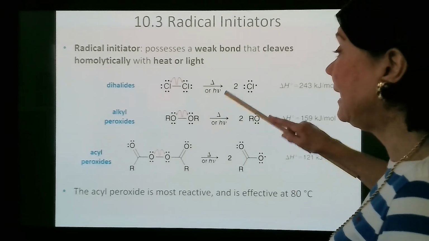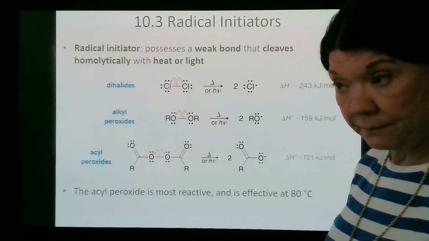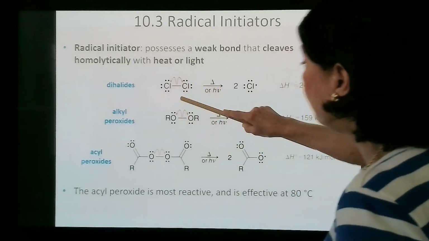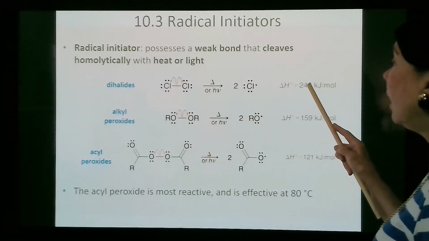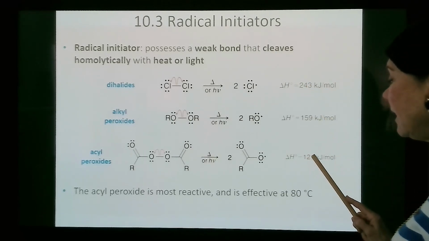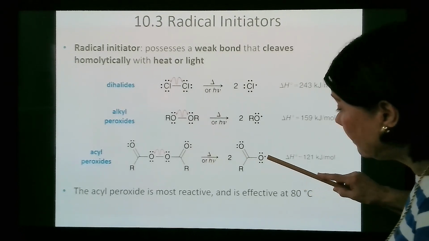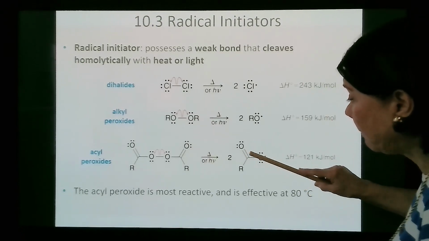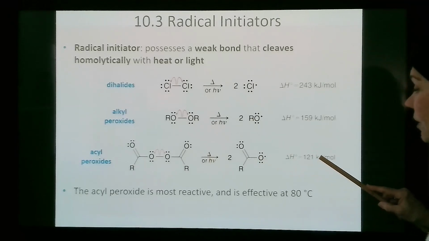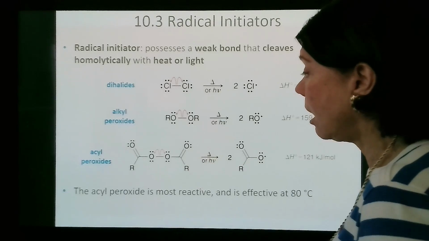And so it's easy to use them as an initiator step. So you cleave this bond, it doesn't take much energy. And here it doesn't take much energy, and here it takes even less energy, because down here it's so stable. Notice this is stabilized by resonance, and so it doesn't take much energy at all to cleave this oxygen-oxygen bond.